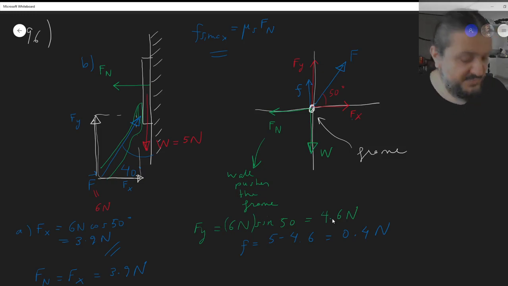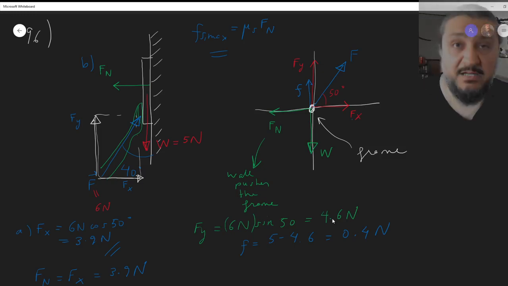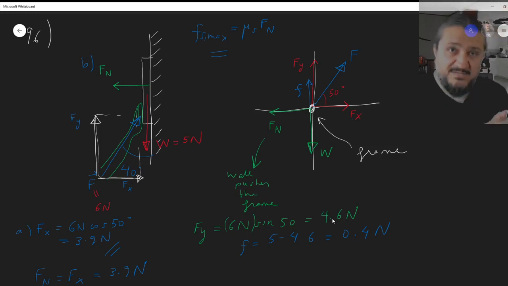If the force I exerted was greater, what if I was exerting 8 newtons? Okay, let's do it. 8 times sine 50 is 6.1, and 6.1 is greater than 5. So the weight is pulling it down, but it's not enough to compensate for my push, which is 6.1. In that case, the friction force will be downward.